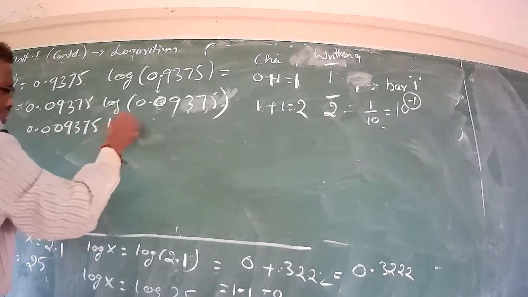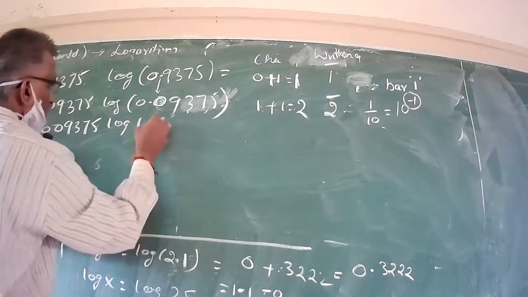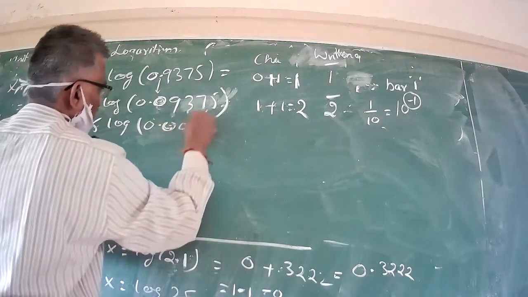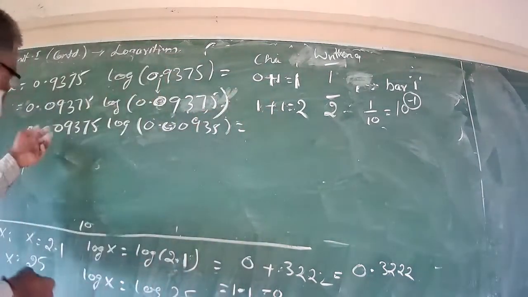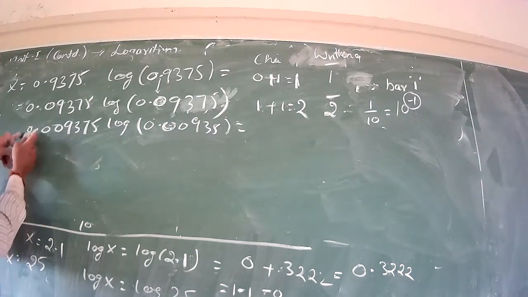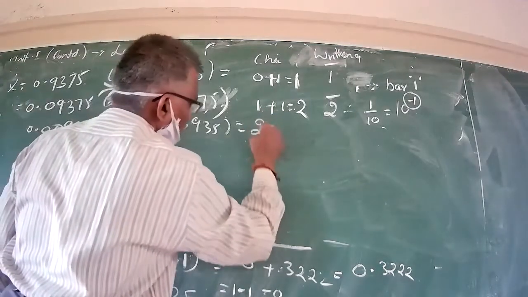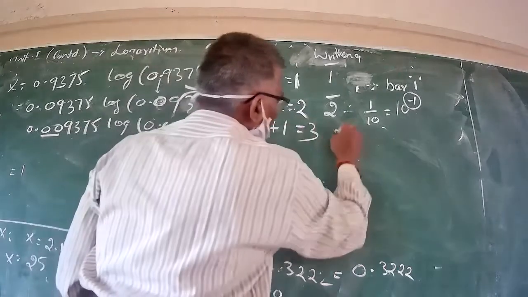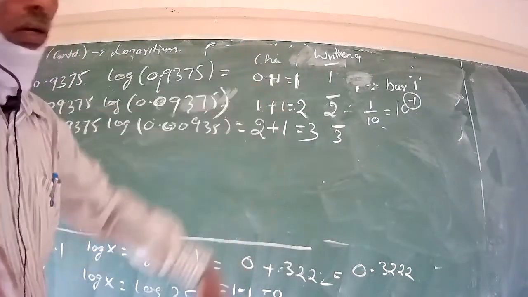Then log of the same number, here also, count the number of zeros between the first significant digit and the decimal point. Here there are 2 zeros, so you write 2 plus 1 equals 3. It is written as bar 3. Similarly, the characteristic part should be written.